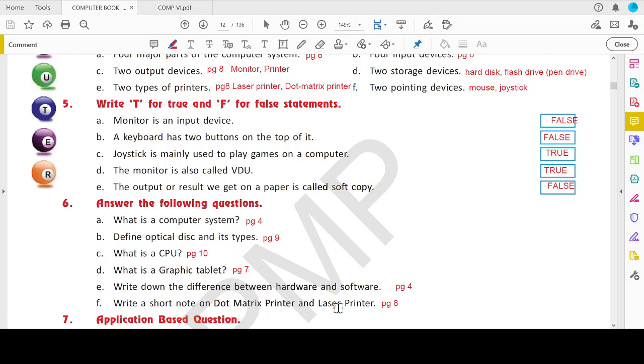It prints with the help of a laser, and the rate of printing is very high. So the rate is measured at pages per minute. So it is a very fast printer. Dot matrix printer is cheaper and it prints at a much slower rate than a laser printer. So you get the answer from page number 8.